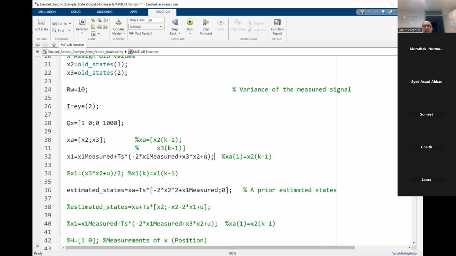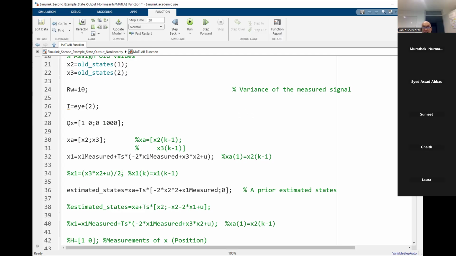Here again is the output equation. x1 measured, Ts, which multiplies minus 2 x1 measured, because here it was x1 of k minus 1, plus x3, exactly the output equation.